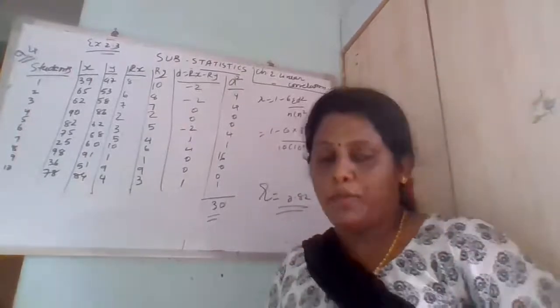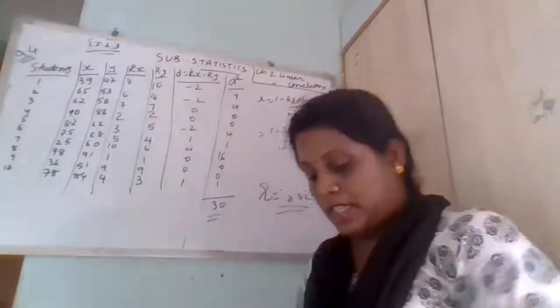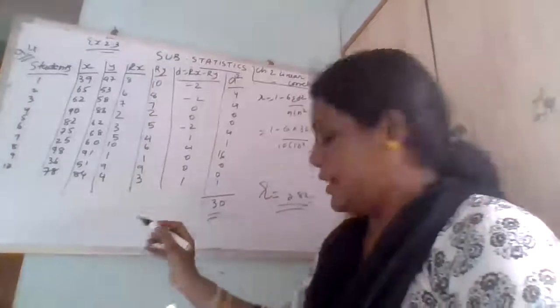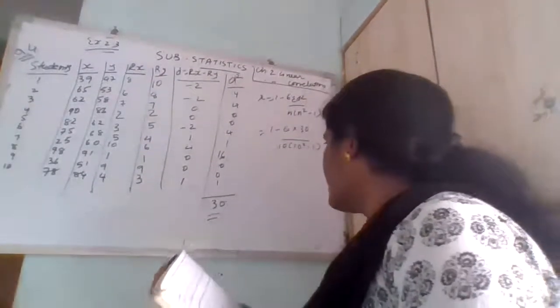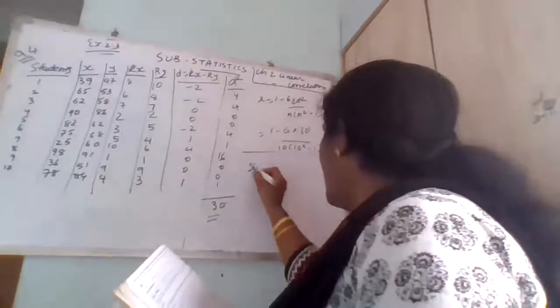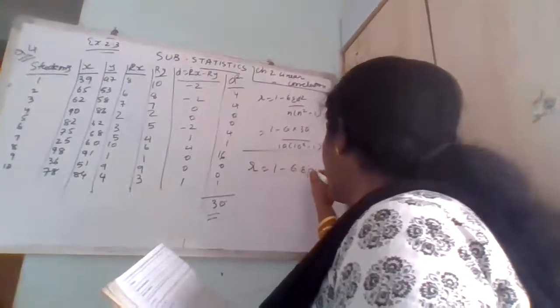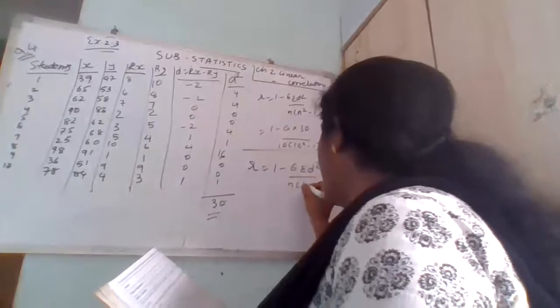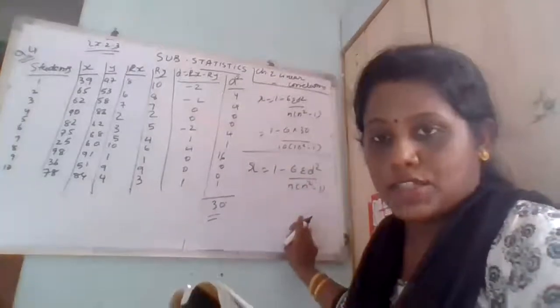And one more important thing I want to tell you. See, here your formula is r equals 1 minus 6 sigma d square upon n square minus 1. This is your formula.